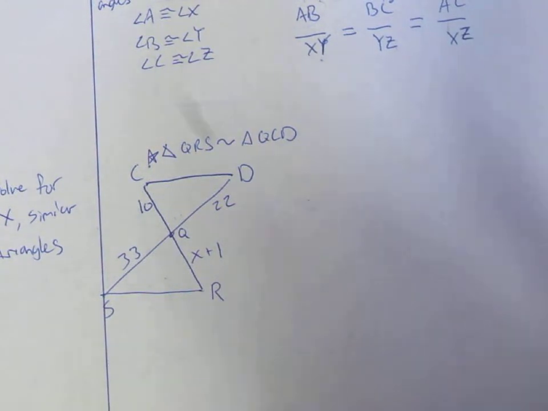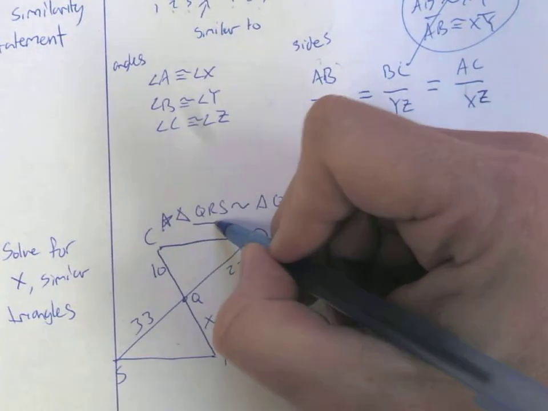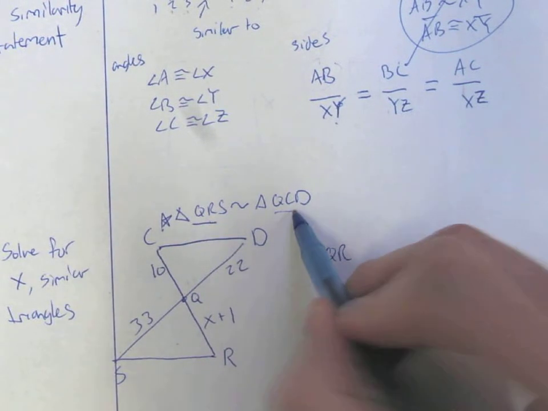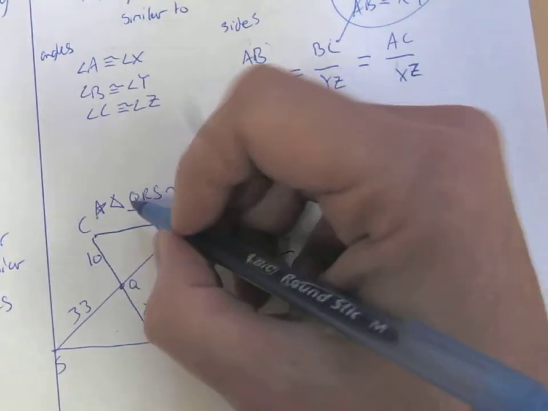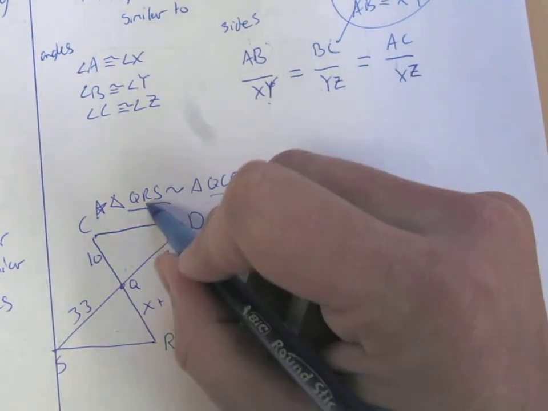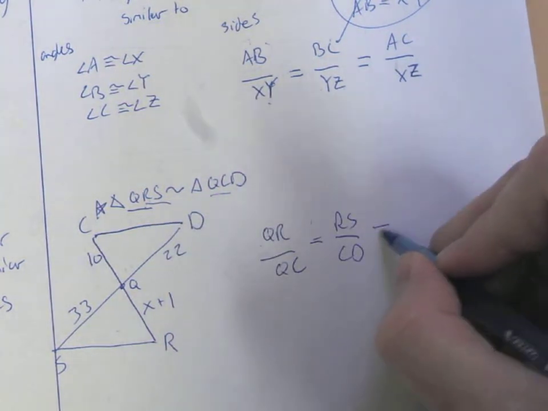Okay, so let's just start out by just doing what we did up here with the sides. So QR. Okay, what does QR correspond to? QC. So we put those in ratio. Okay, what about RS? What does RS correspond to? RS corresponds to CD, so we put those guys in ratio.